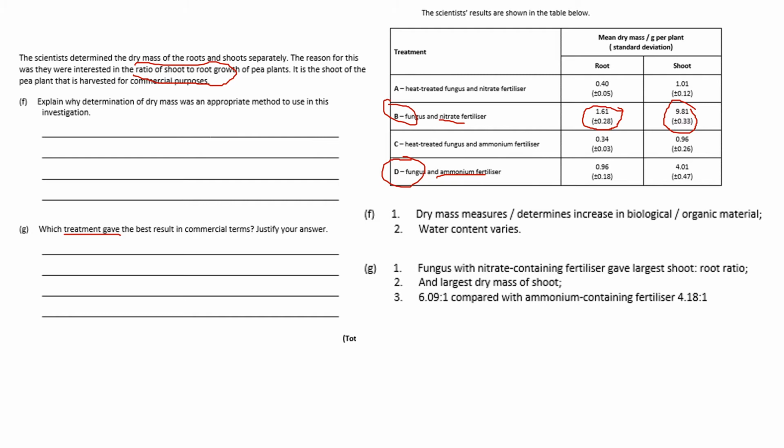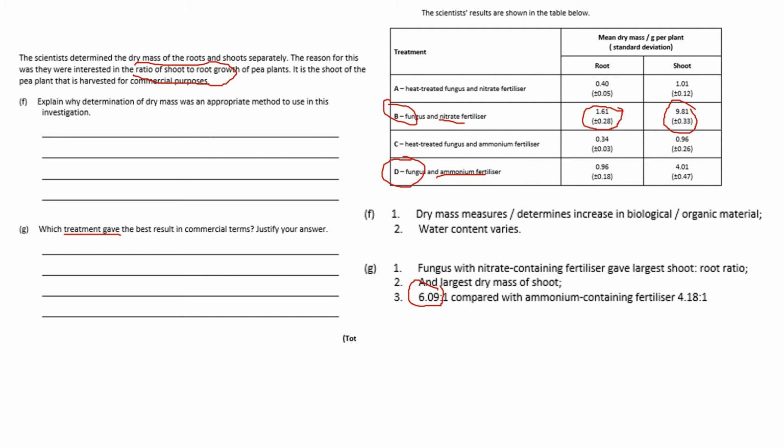So you're going to do 9.81 divided by 1.63, and that will give you a figure of 6.09 to 1. So that's the ratio. In other words, you're comparing these two figures, so you've got 6.09 times more shoot compared to root growth.